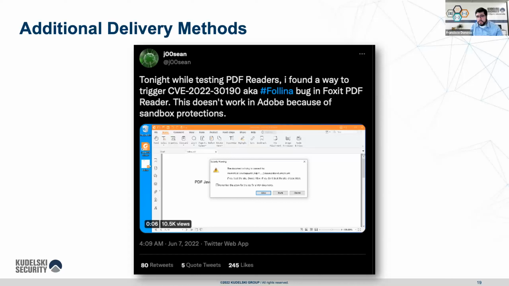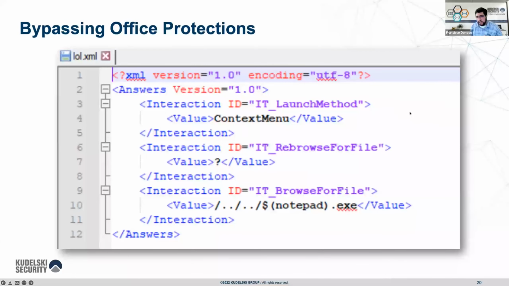Another thing that I mentioned is Microsoft has updated their antivirus to have signatures against this, as have several other organizations like CrowdStrike and others. But unfortunately, the way that those antivirus signatures work is they're looking for a full command line where it shows IT browse for file in the actual HTML contents.